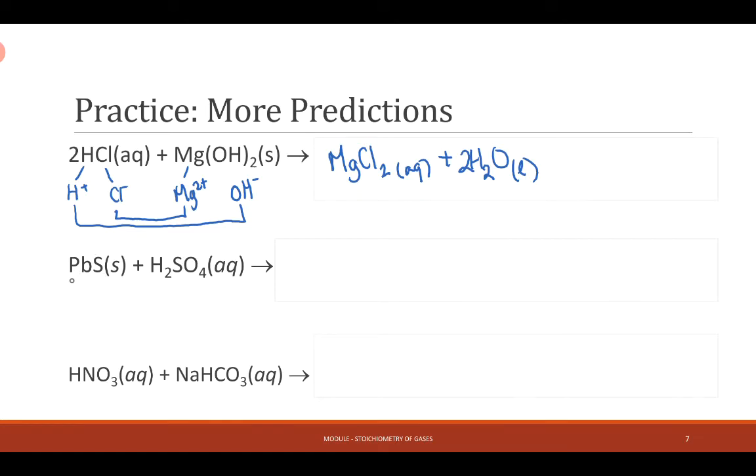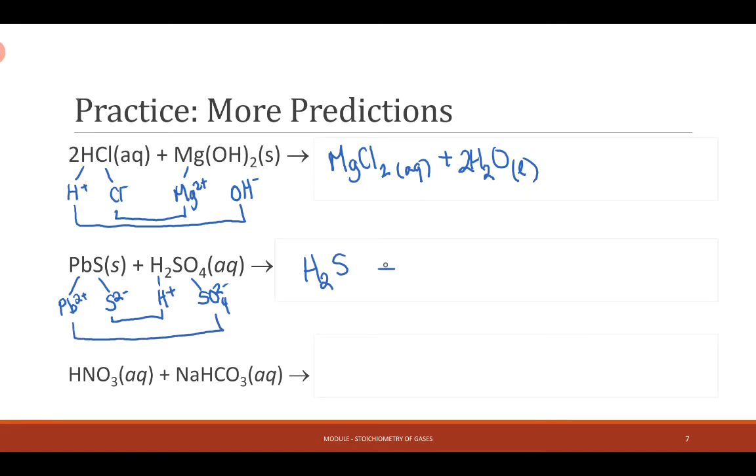Now for our second one. We have Pb2 plus and S2 minus. Sulfur is right underneath oxygen, so it shares that common ion charge with oxygen. And then we have H plus and sulfate ions. Sulfate ions are 2 minus anions. So I'm going to pair the hydrogen up with the sulfur, and that is H2S in order to be neutral.